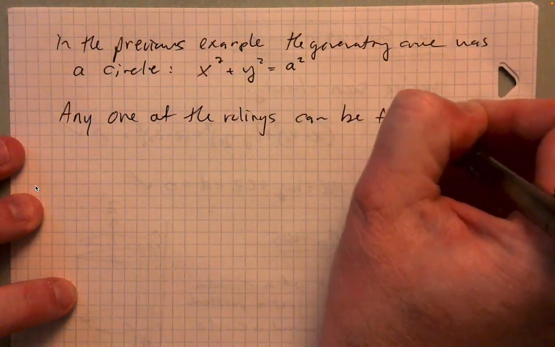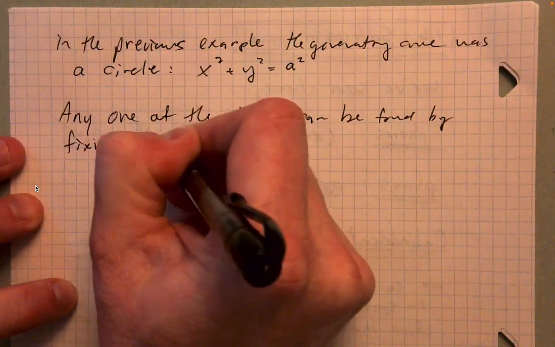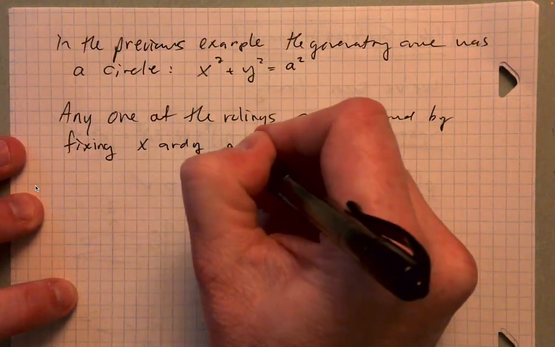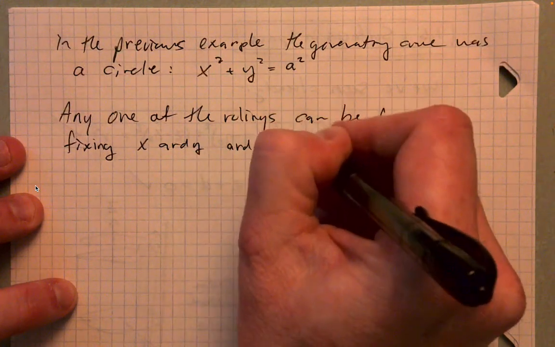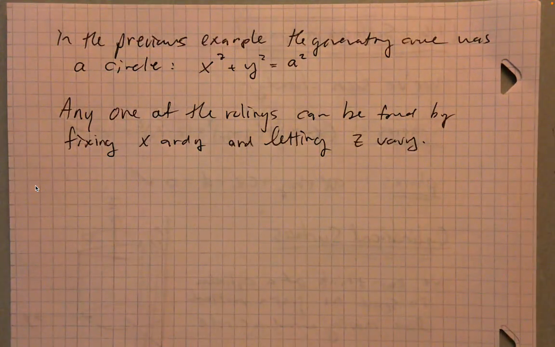Basically you just find a spot on the circle, and the rulings are just all of the fixed xy coordinates with z allowed to vary.